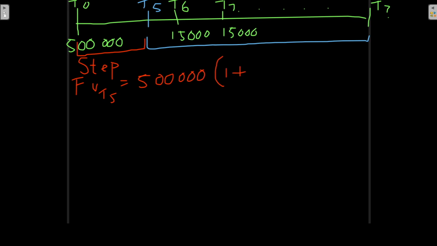My effective monthly interest rate is 0.015, and I move it 5 months forward. Okay, so that is then the present value that I will use for my annuity that starts at time T5.